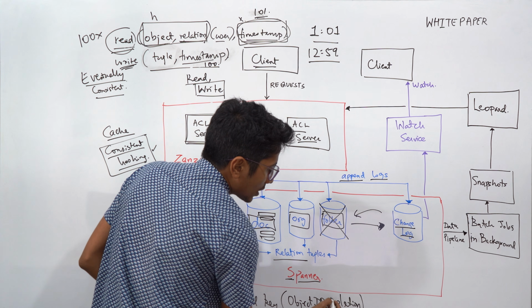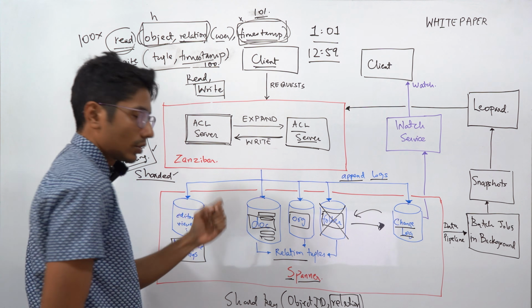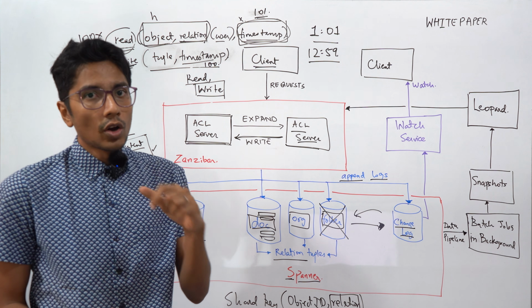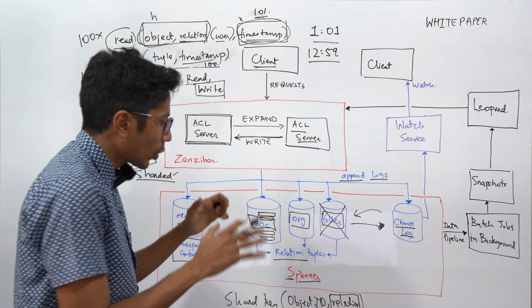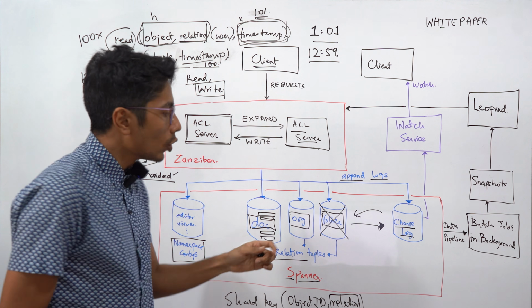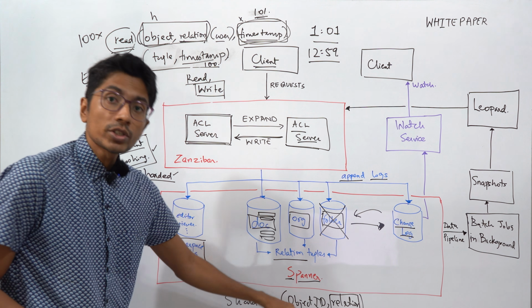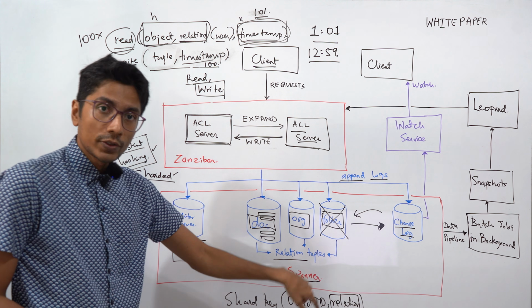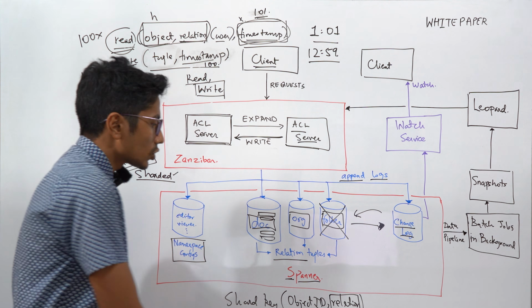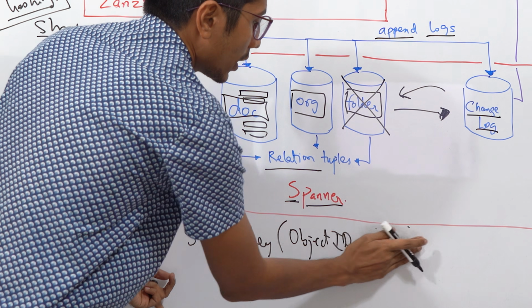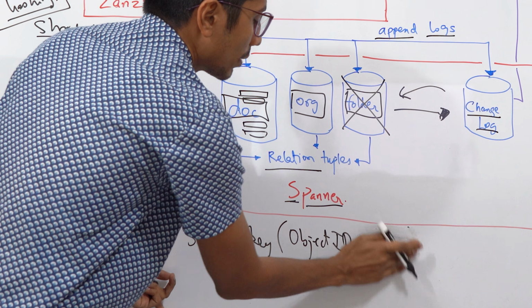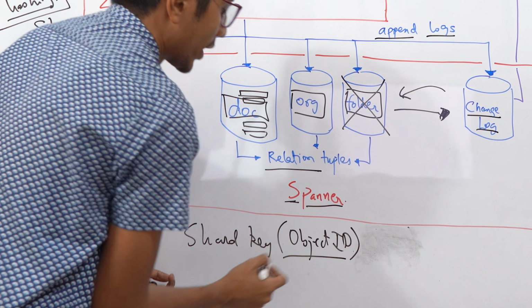But in most cases, the relation, whether it's viewer, editor, or owner, is not varied. There's just 3 of them. So you want to keep them all together. You don't want to keep all viewers of this object somewhere and all editors of this object in a different shard. So in fact, you can make this even more efficient and say the access pattern is: get me all relations for an object.